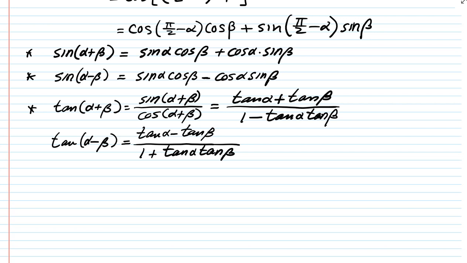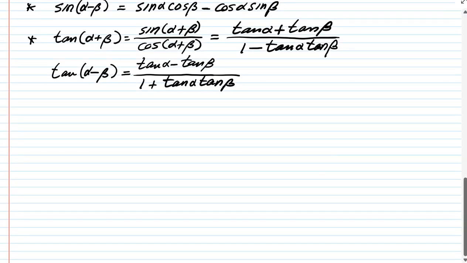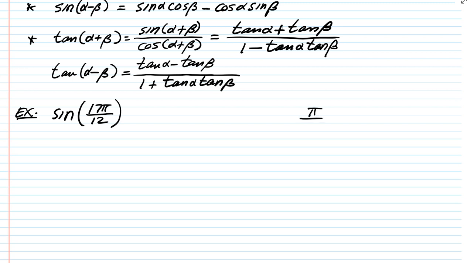And there you have it. So let's now take a look at some examples again. Let's say I want to do sine of 17 pi over 12. So what is 17 pi over 12? Again, pi over 6 is 30, pi over 12 is 15 degrees. 17 times 15 degrees is going to be 255 degrees.